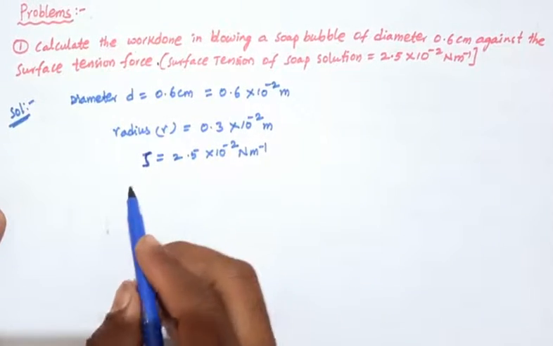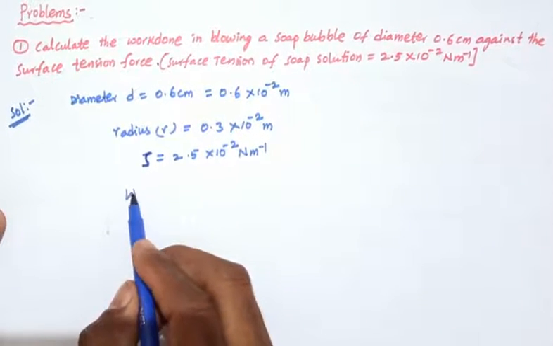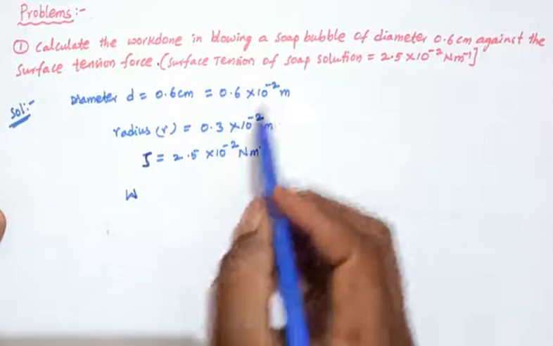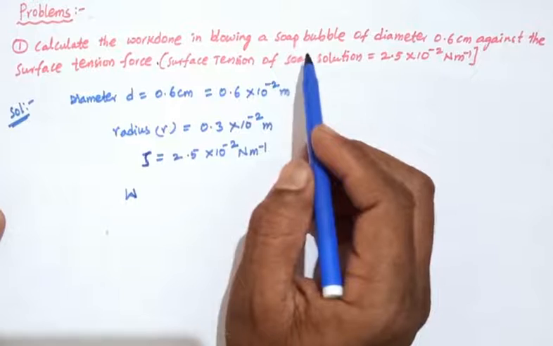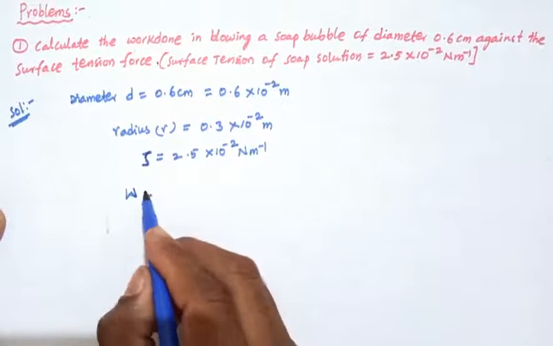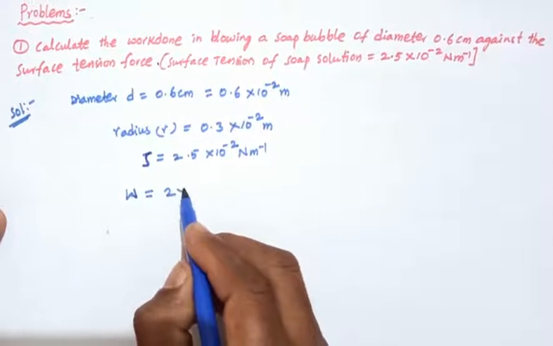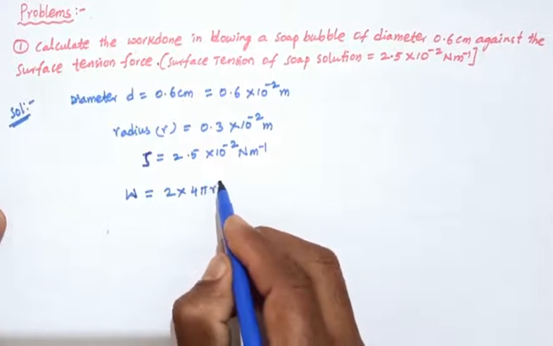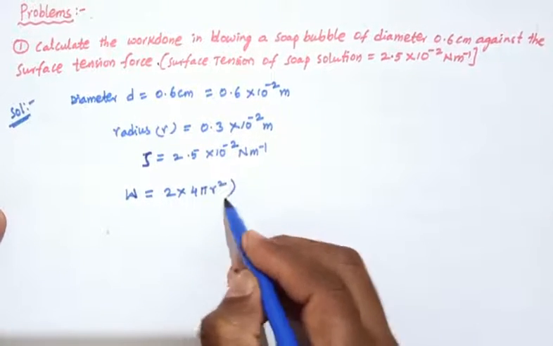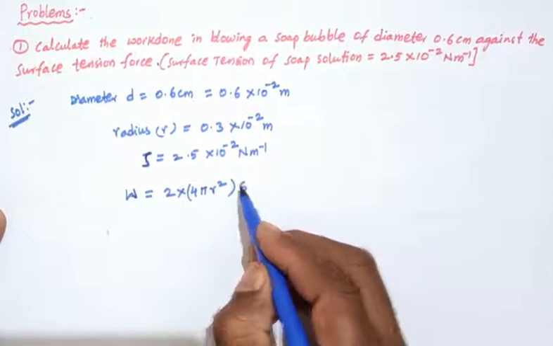The work done W equals, since the soap bubble consists of two surfaces, inside and outside, 2 into surface energy. So 2 into area 4 pi r square into surface tension.